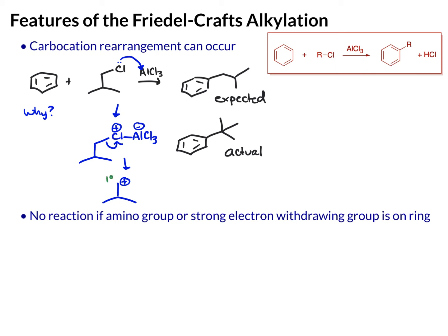Thinking back to organic 1, remember that carbocations will rearrange to become more stable. So what can this do? This can undergo a hydride shift, using the hydrogen on the tertiary carbon, which can shift to the carbon where the carbocation is.